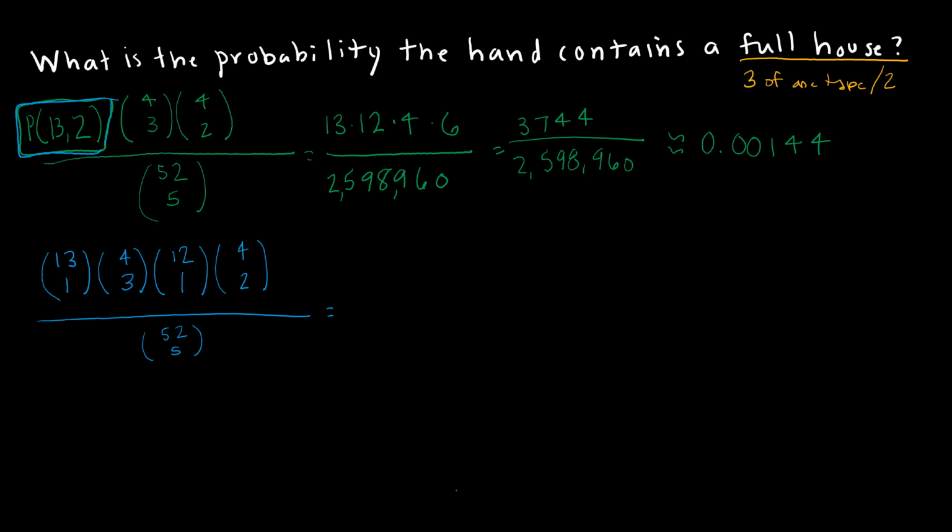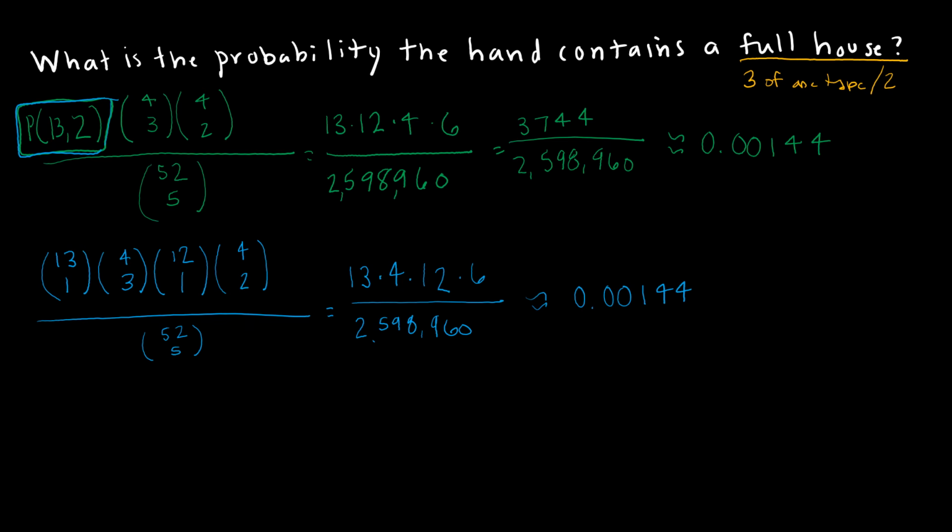So doing this math, 13 choose 1 is 13, 4 choose 3 is 4, 12 choose 1 is 12, and 4 choose 2 is 6. And we already knew this was 2,598,960. And again, we get the same result, which is 0.00144. So that is another correct way to do it.